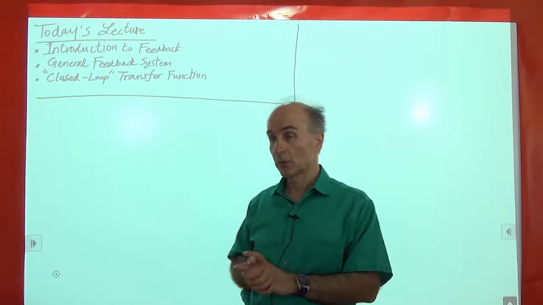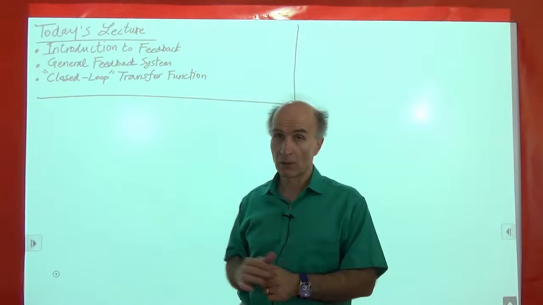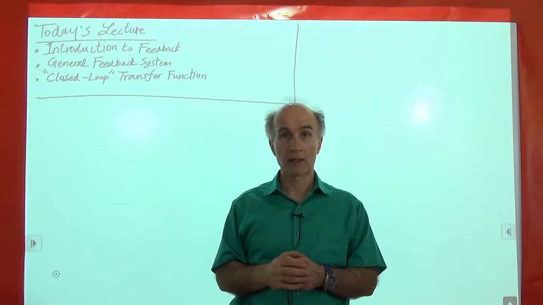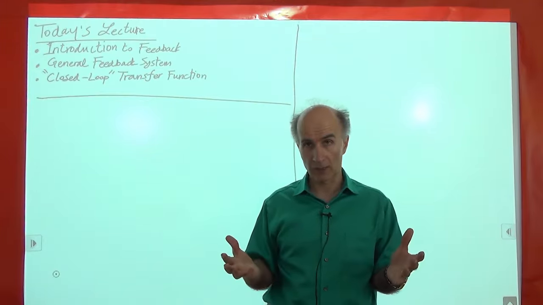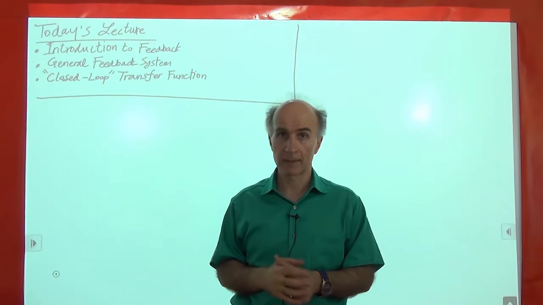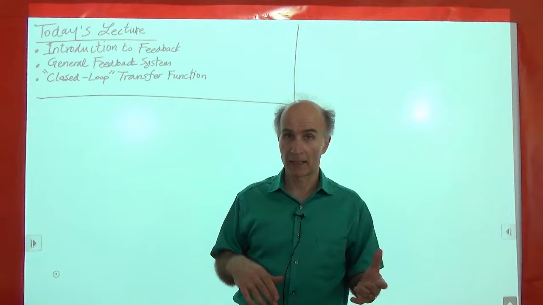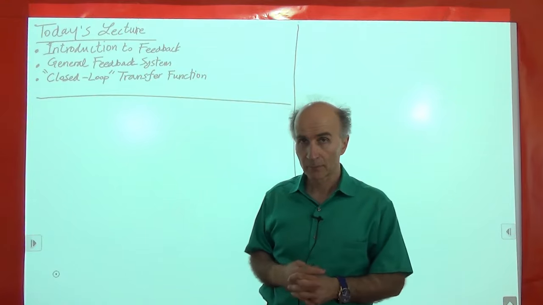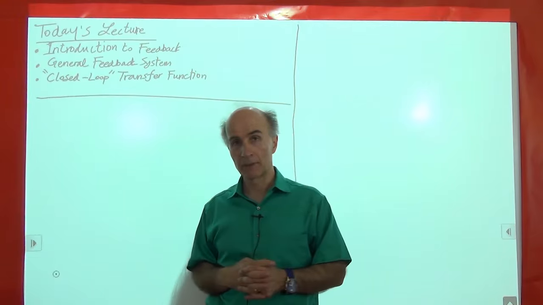And then I will derive what we call the closed loop transfer function, which carries a wealth of information for us in terms of the properties of the negative feedback system and the benefits and the disadvantages that it might have. So, what do we mean by negative feedback?